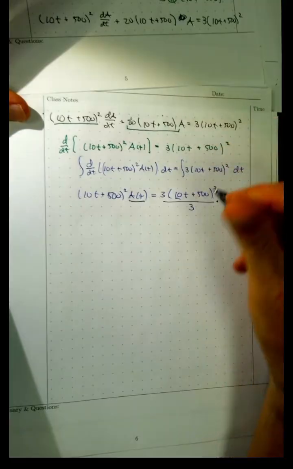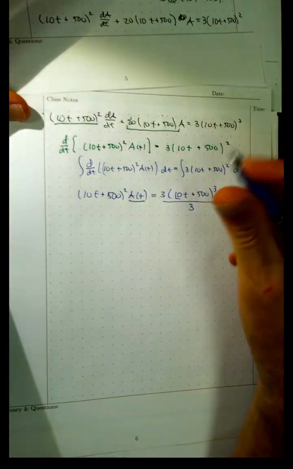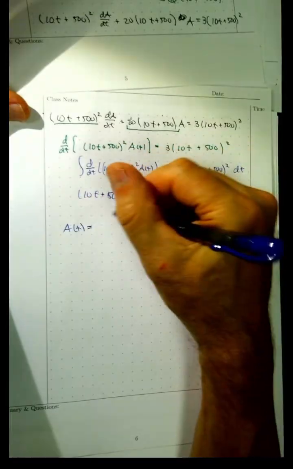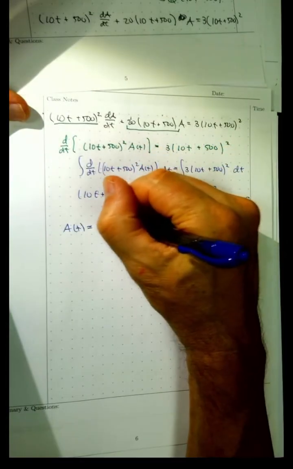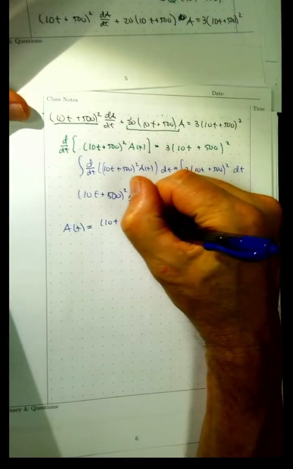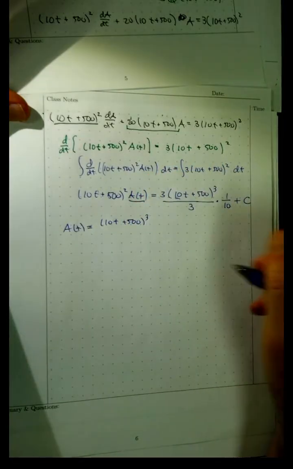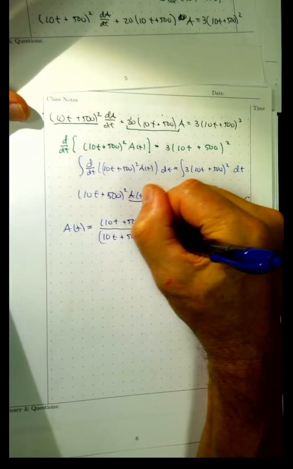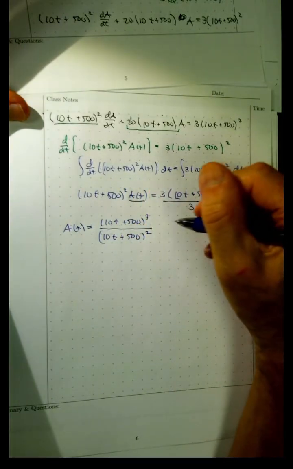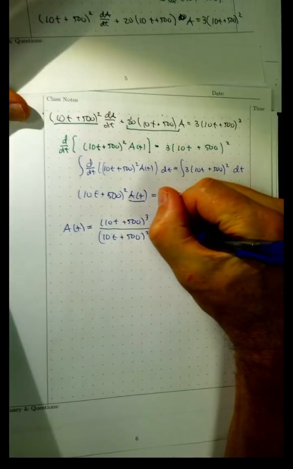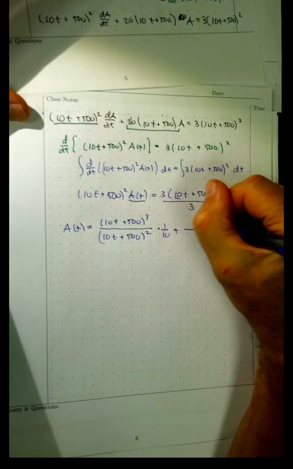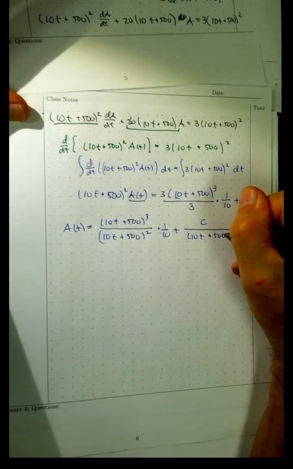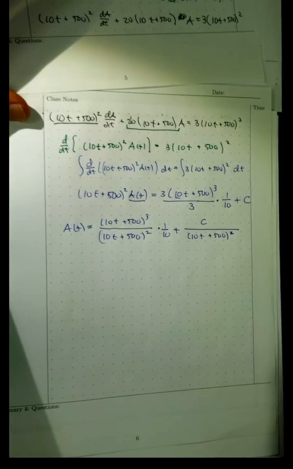And I want to isolate that. So if I divide both sides by (10t + 500)², the 3s cancel. I'm going to have (10t + 500)³ divided by (10t + 500)², times 1/10, plus C divided by (10t + 500)².